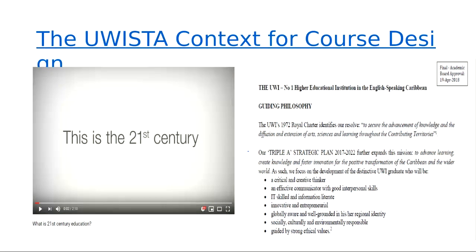And one of the things of note in that video is that it was put out in 2012. It's not a very recent video. One of the things you'd notice is they were pointing to some critical skills and competencies that young people need now. On the slide, on the left side, I have the picture of the video, and on the right side, a document called the UE Guiding Philosophy, which I sent you as a handout by email.